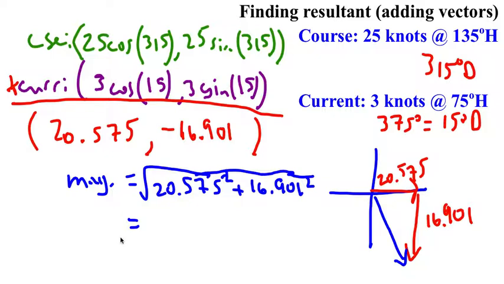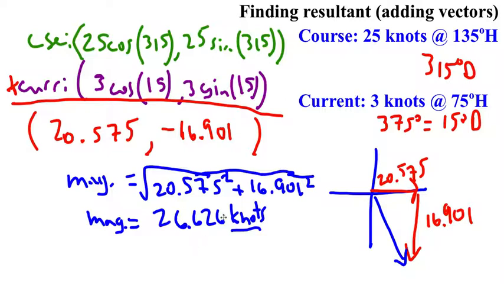That is 26.626, and that would be knots. If we started with knots, we're going to end with knots. That would be the magnitude of the resultant.